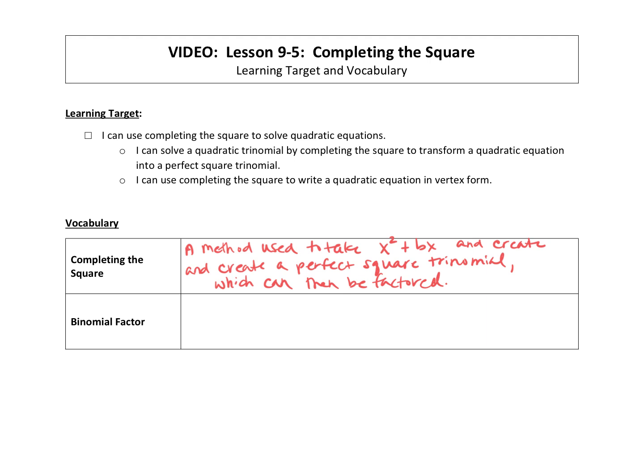So that ultimately will be our goal, is to create a trinomial that we can factor. You'll see how we do that in the next video.